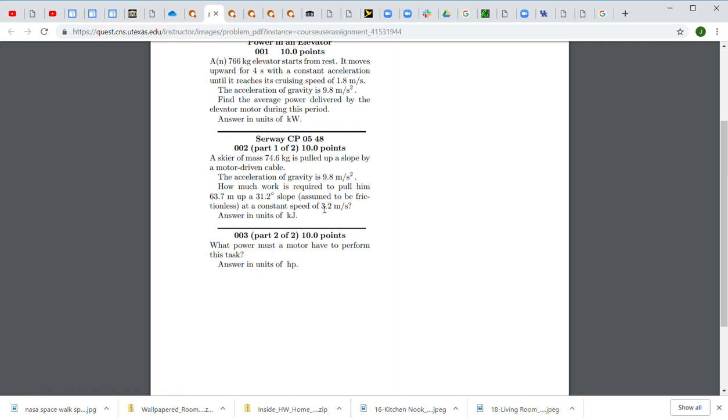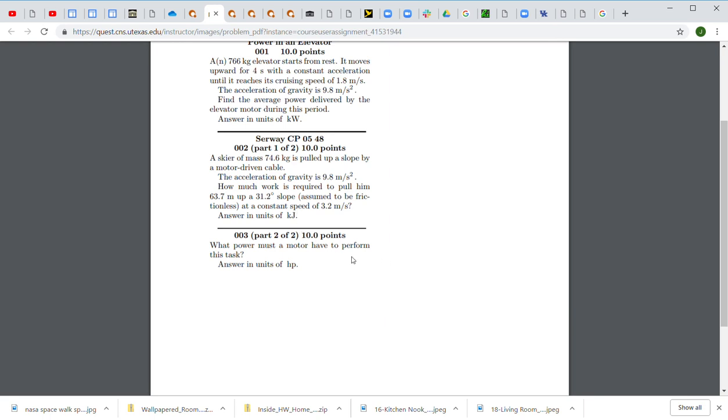That's the rope force minus the component of the weight force parallel to the plane. That will allow me to calculate the rope force, and then to find the work done, we just multiply the rope force by 63.7 meters, and that gives me the work done by the rope force in joules. Then of course I'm going to divide by 1,000 to get it in kilojoules.